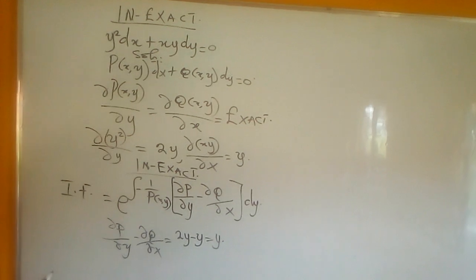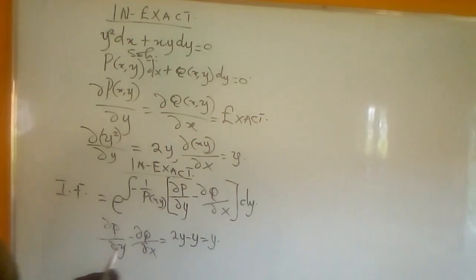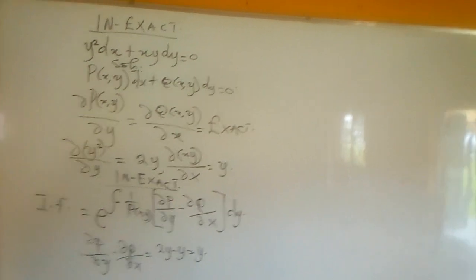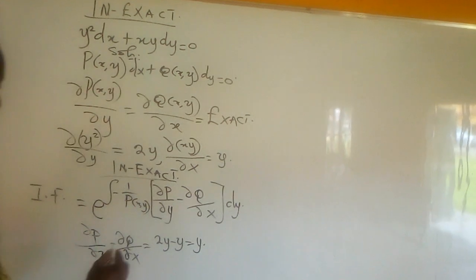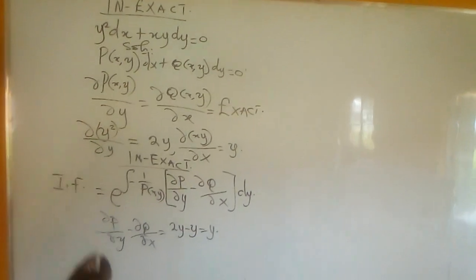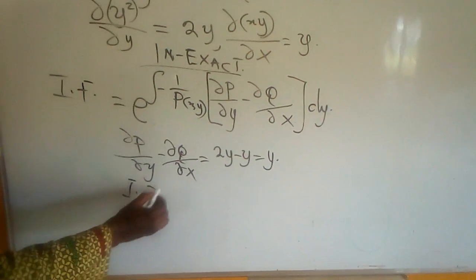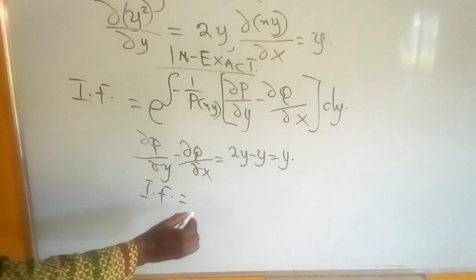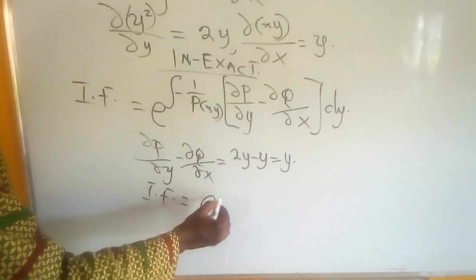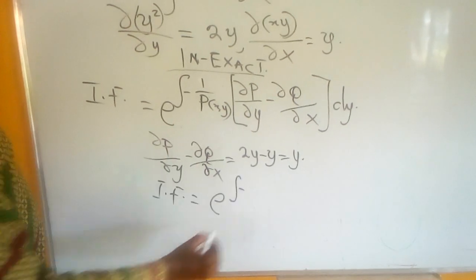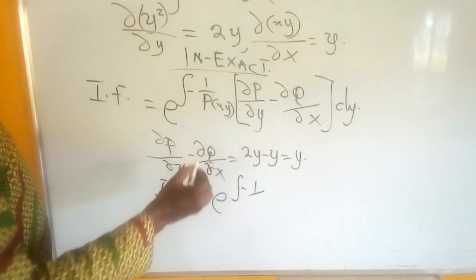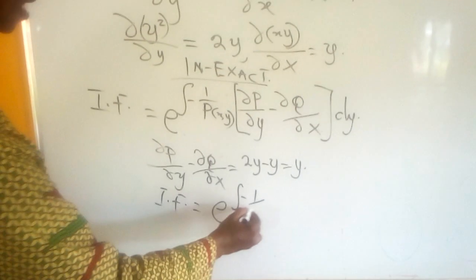So we progress by getting a particular entity related to this concept, and this gives us the integrating factor equal to exponential integral of minus 1 over p, and the p factor is 2y here.